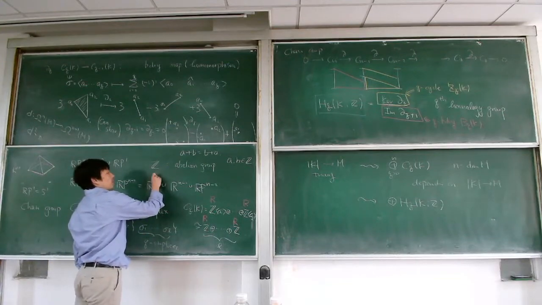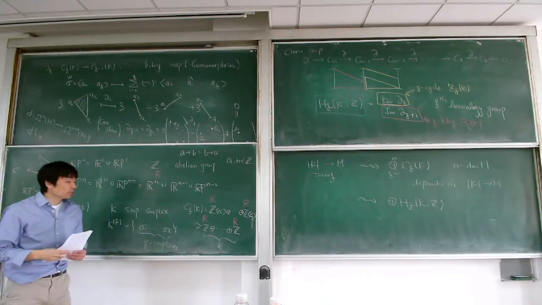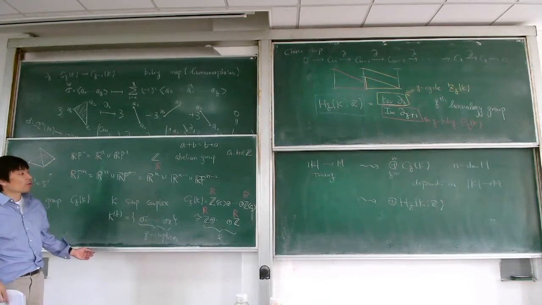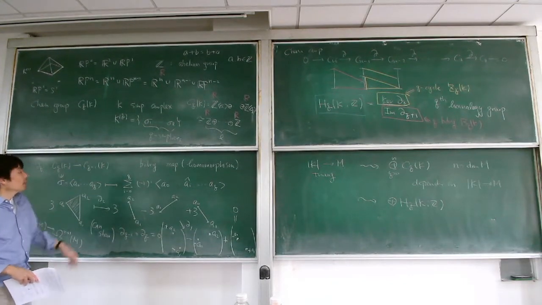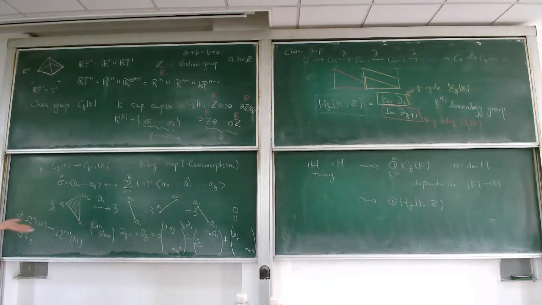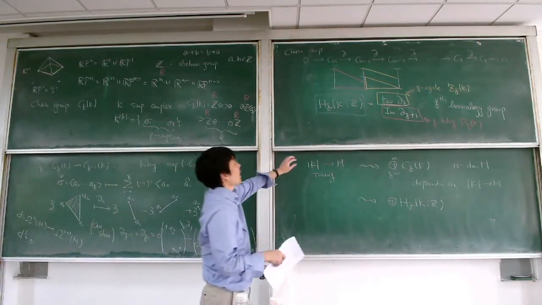R is also an abelian group, and more than that, a ring, overall a field.